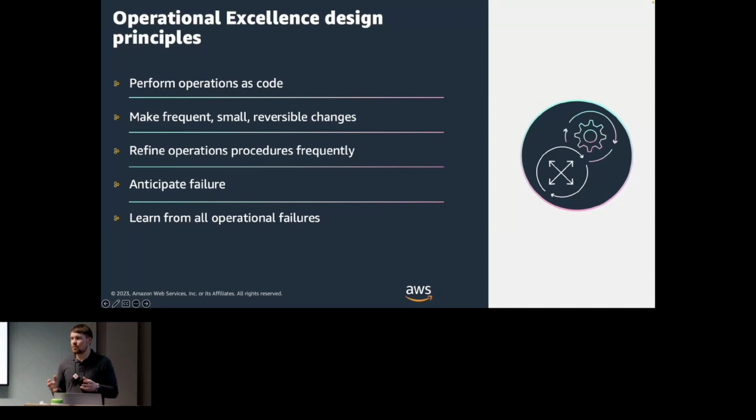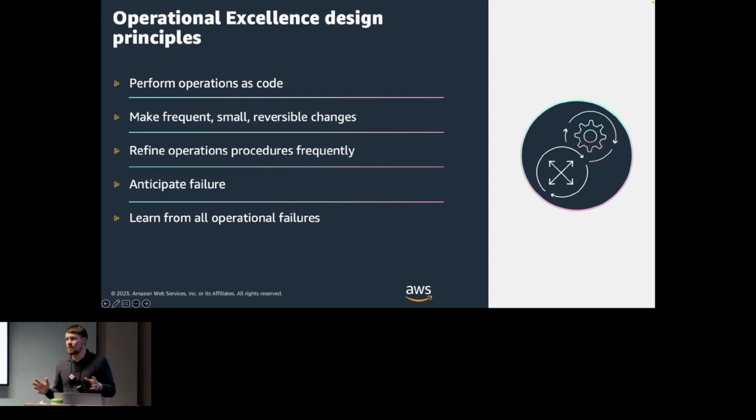You should also design your workloads so that they're able to accommodate frequent, reversible changes, for example new features that you release. This allows you to introduce beneficial changes to your systems. And you should introduce these changes in small increments that allow you to roll back changes if a failure occurs.